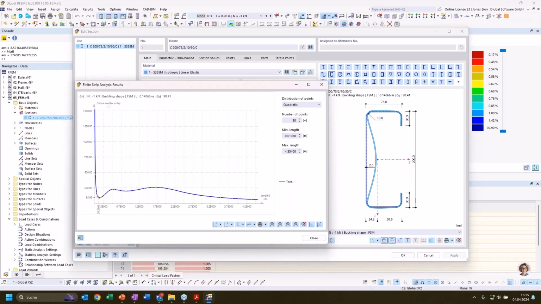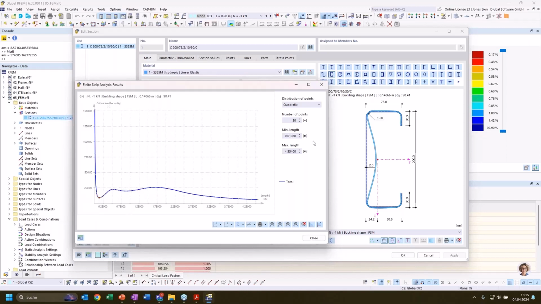And when we look at the respective bifurcation factor, we see that it's around 90, which does very well correspond to the linear bifurcation load that we have received from the stability analysis on the global level in the shell model.